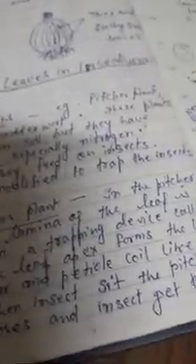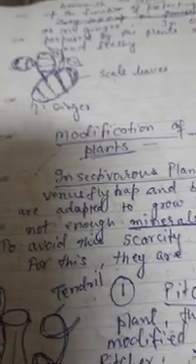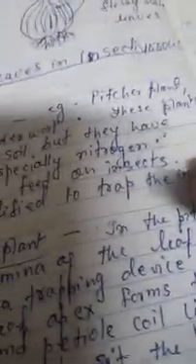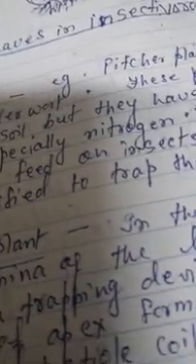Modification of leaves in insectivorous plants. First, insectivorous plants. Examples: pitcher plant, Venus flytrap and bladderwort.